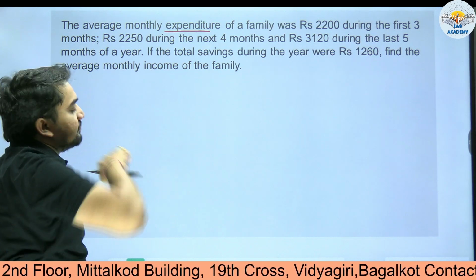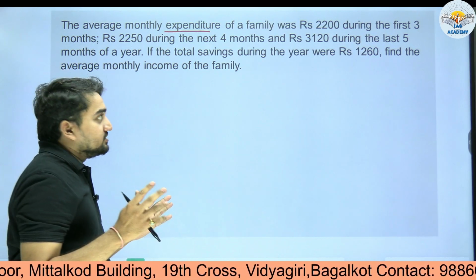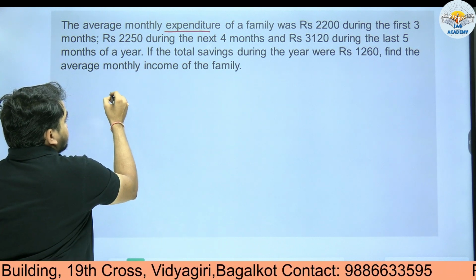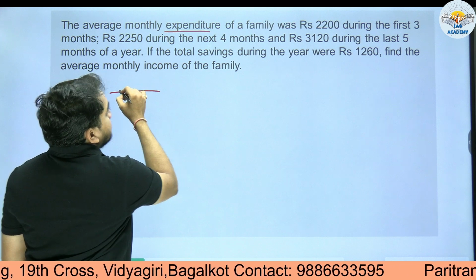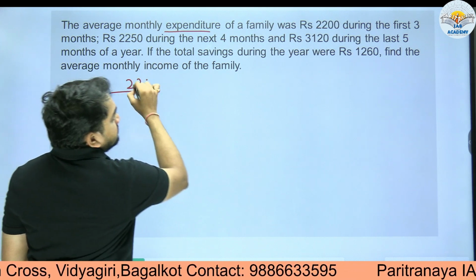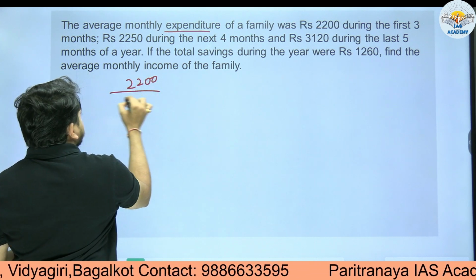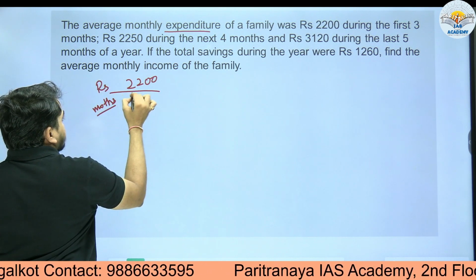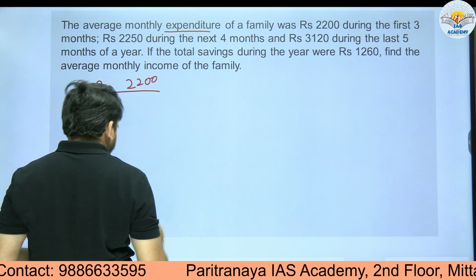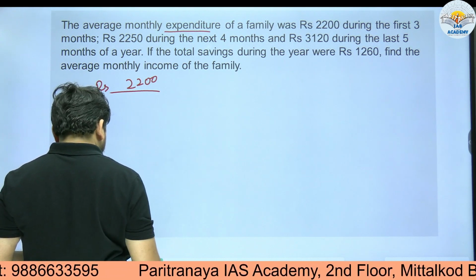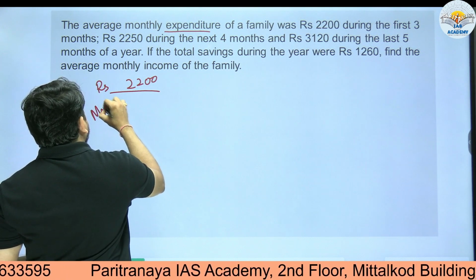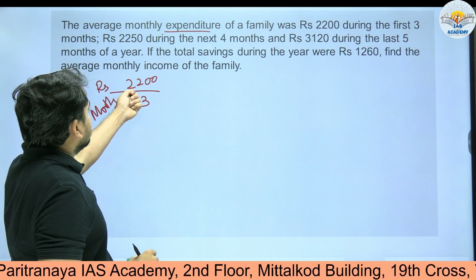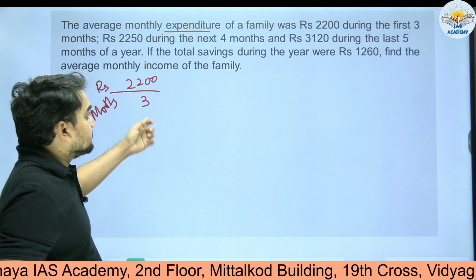They divided the 12 months, so for the first 3 months the expenditure is 2200 per month.